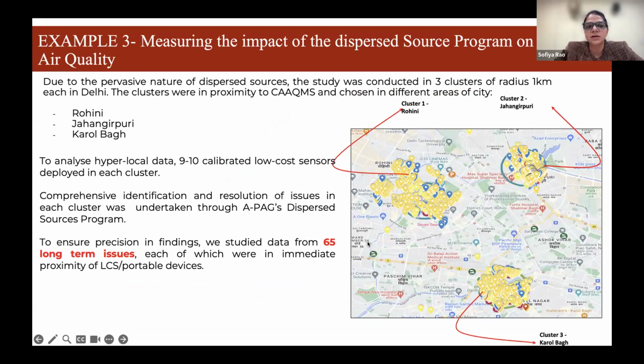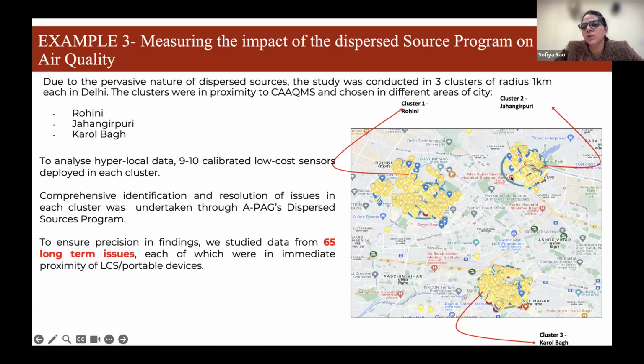This study we did with the Air Pollution Action Group in 2024. We chose three locations: Jahangirpuri, Karol Bagh, and Rohini. And APAG provided us 65 long-term issues, and we set up the sensors.